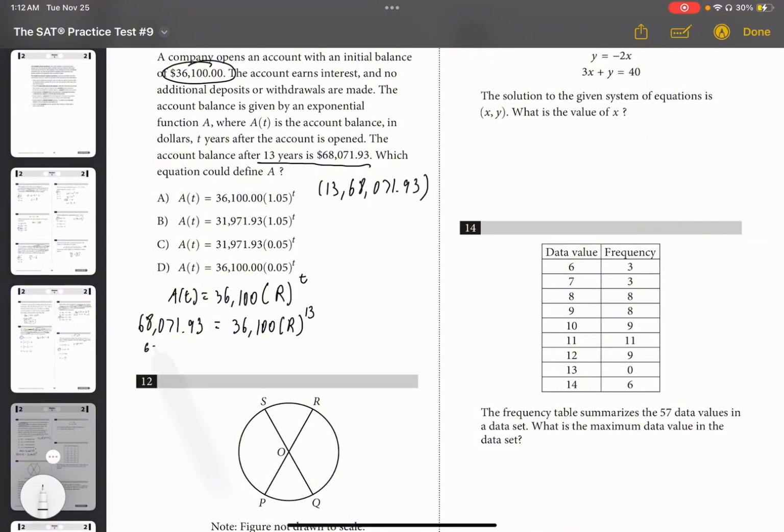So it's going to be 68,071.93 divided by 36,100 is equal to R to the 13.